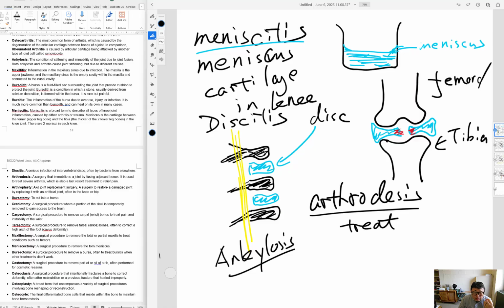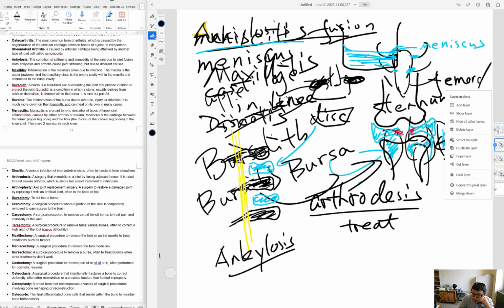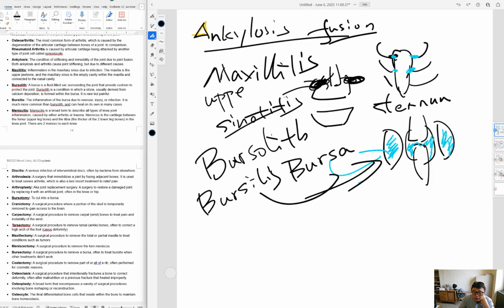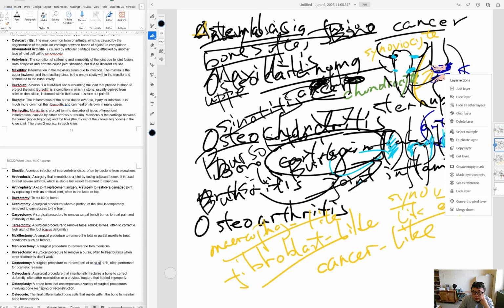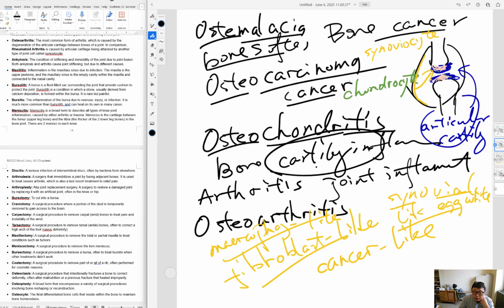Why do they want to do so? In some cases, it's because of arthritis. The arthritis may become too serious.